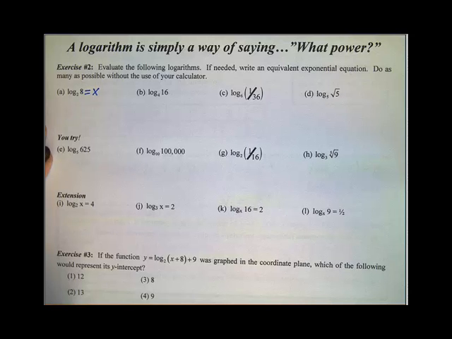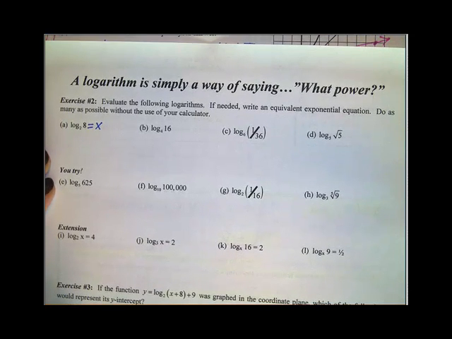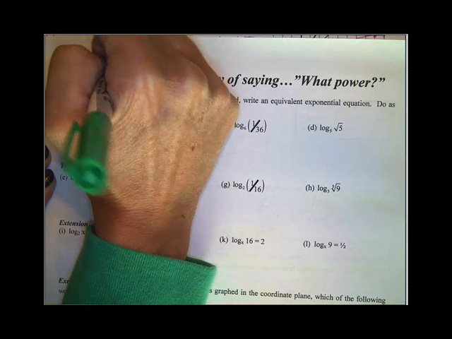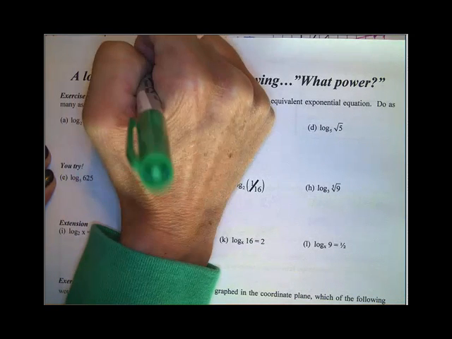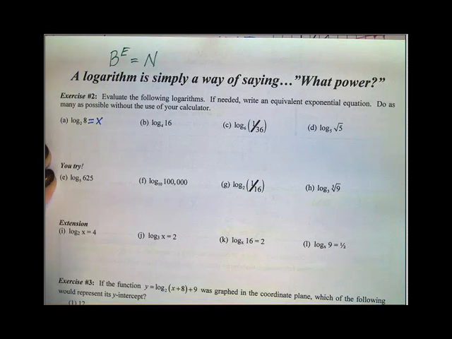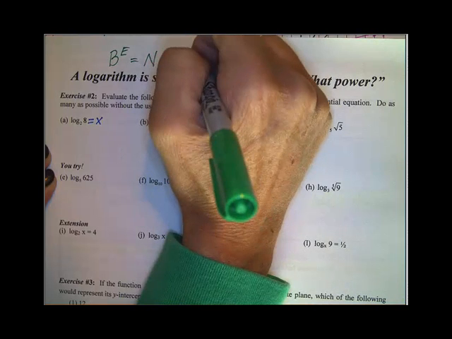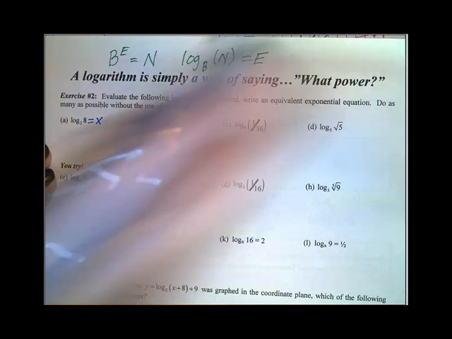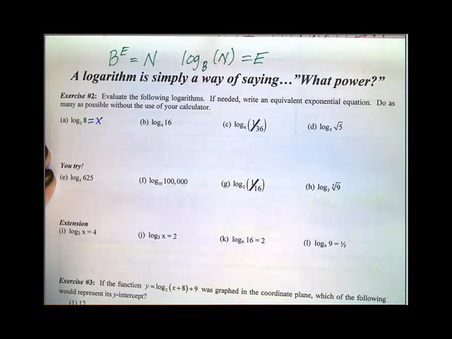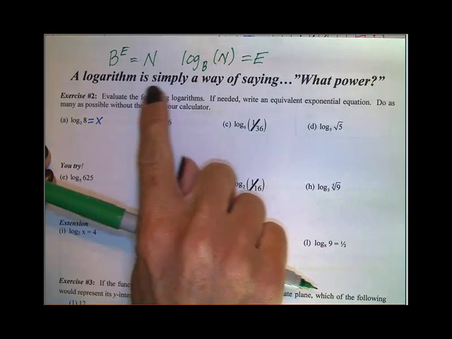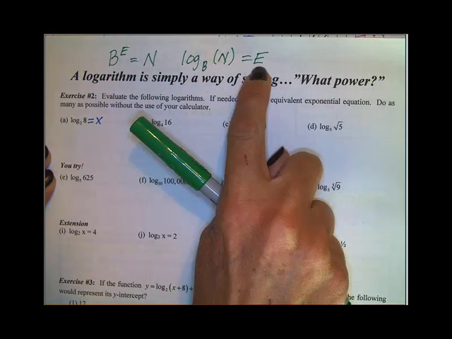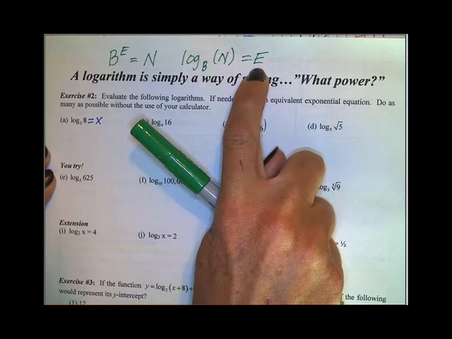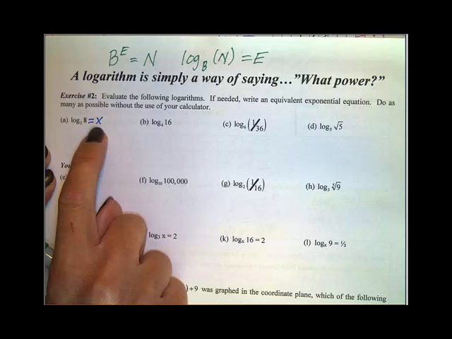At the top of the page, I'm going to write my two forms: base b to some exponent equals some number, and log base b of n equals an exponent. Notice a logarithm is simply a way of saying what power. So a logarithm always equals the power or the exponent. So we know x is our exponent.